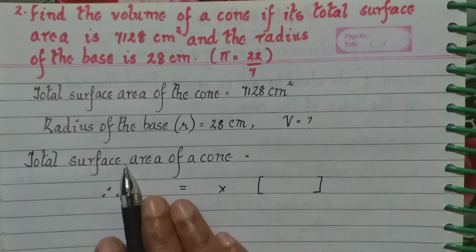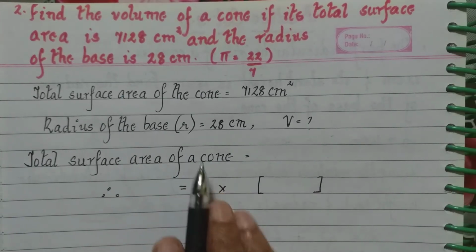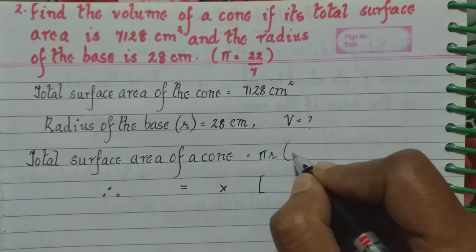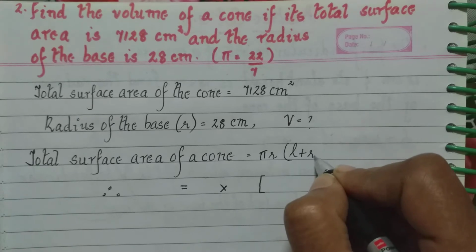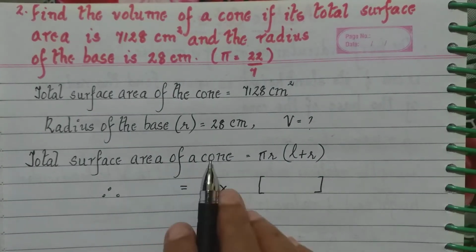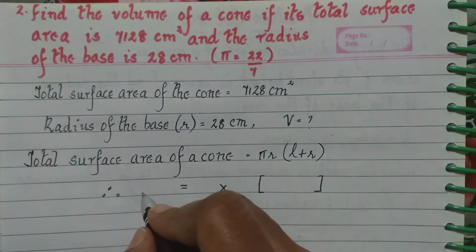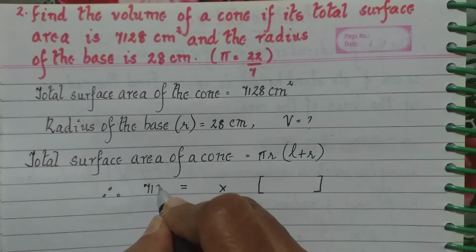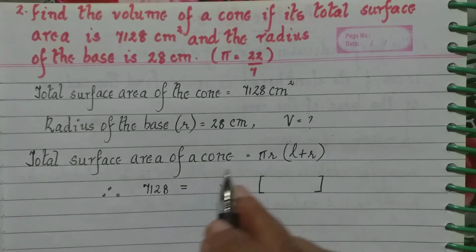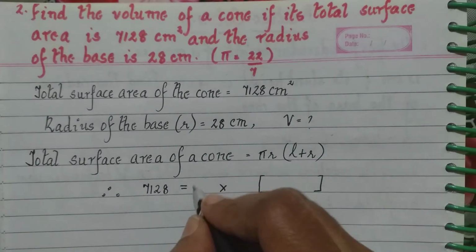Now, we write the formula for total surface area of the cone, that is pi r bracket L plus r. Okay, now we put the values because we know the total surface area of the cone, that is 7128. So, 7128 equal to pi is 22 by 7.